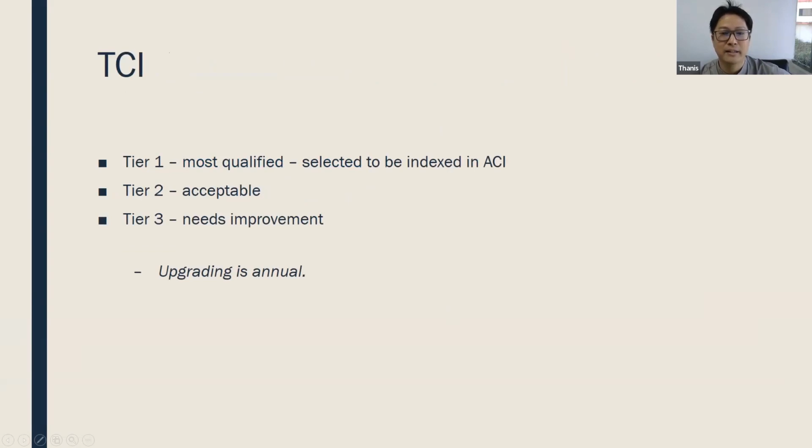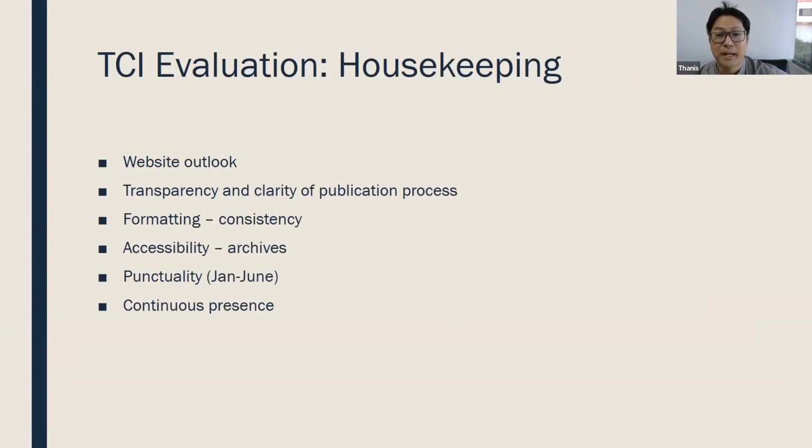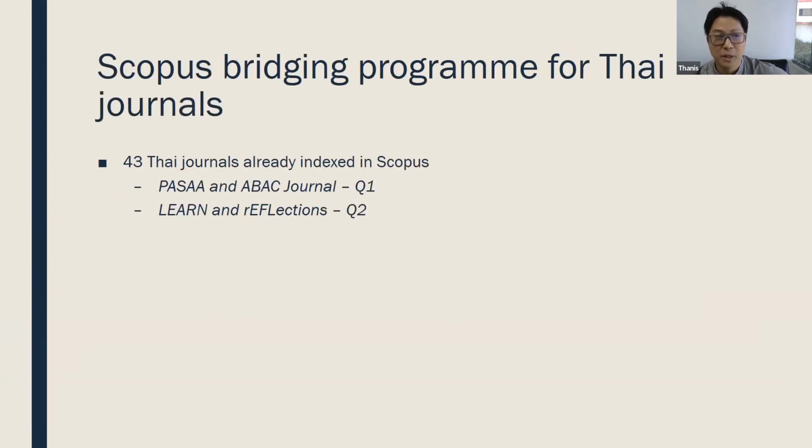So the first step, you should get into TCI and make sure that you get into tier 1. Once you get into tier 1, when the time comes, your journal will be qualified for the bridging program. Most of the journals in the program are science, engineering, medical and agricultural journals. Only 4 or 5 liberal arts journals are in there.